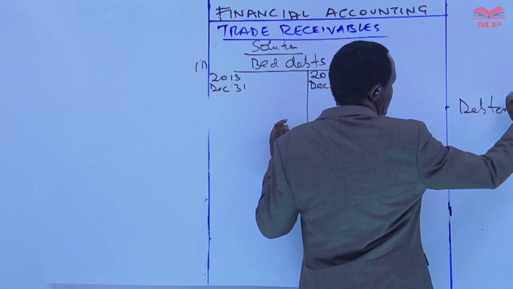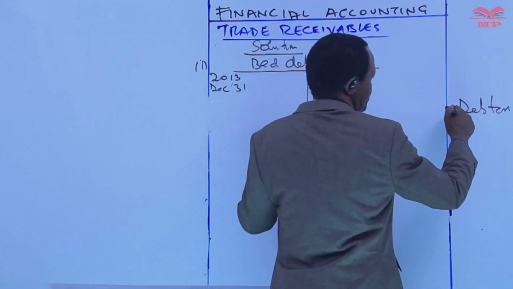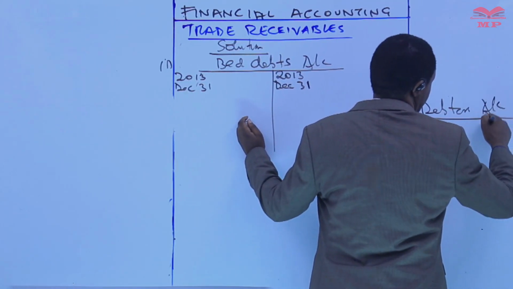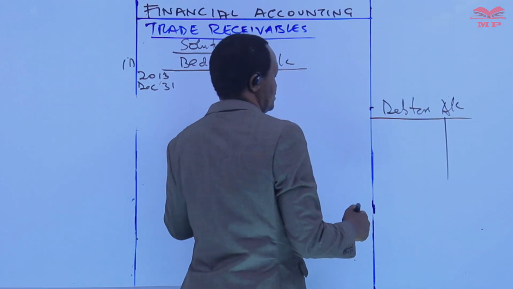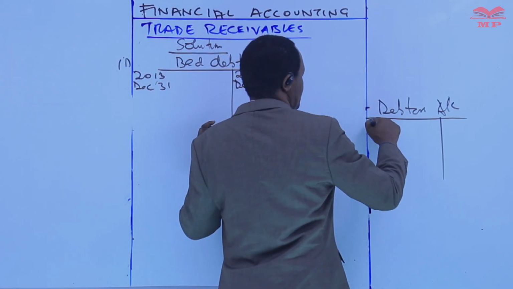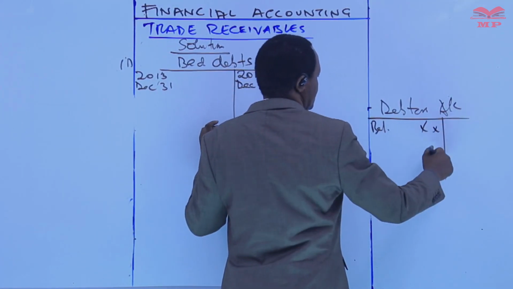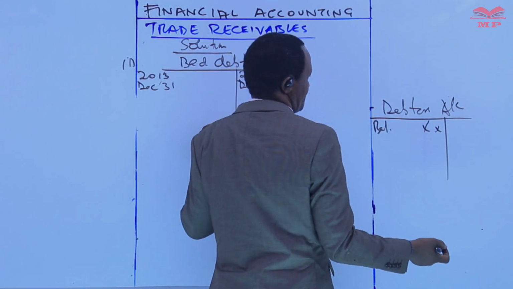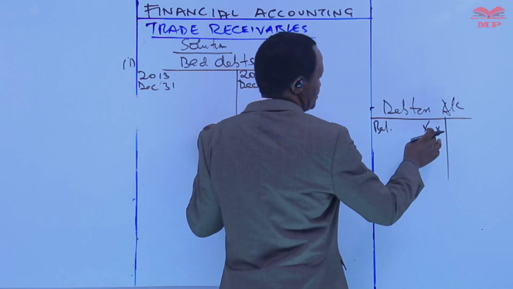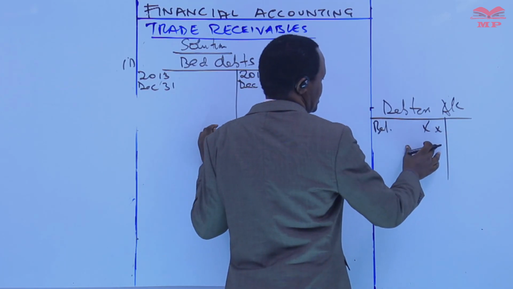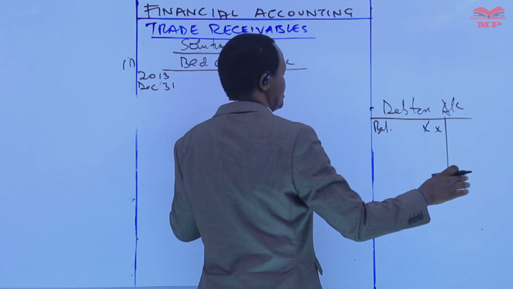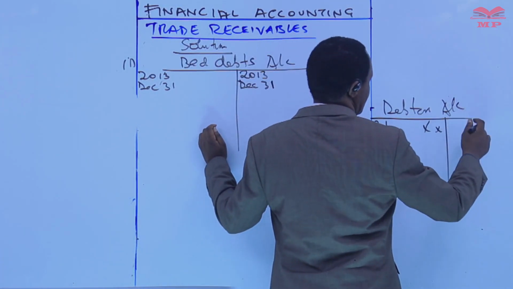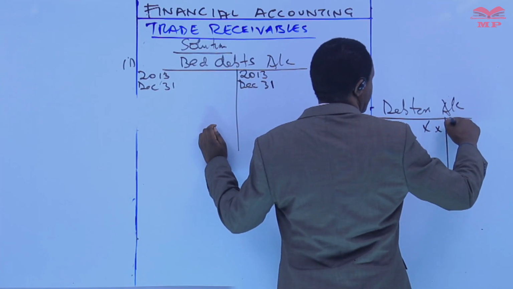You are not required to open debtors account, but I'm opening this for learning purposes. If there was a balance on this account, part of this balance will not be paid. So to reduce that balance, we credit this debtors account with the bad debt.